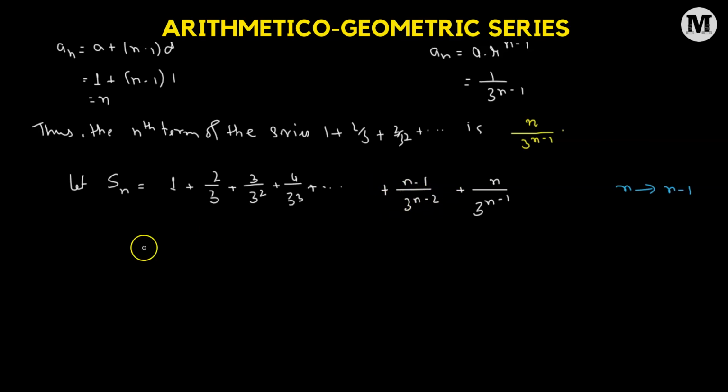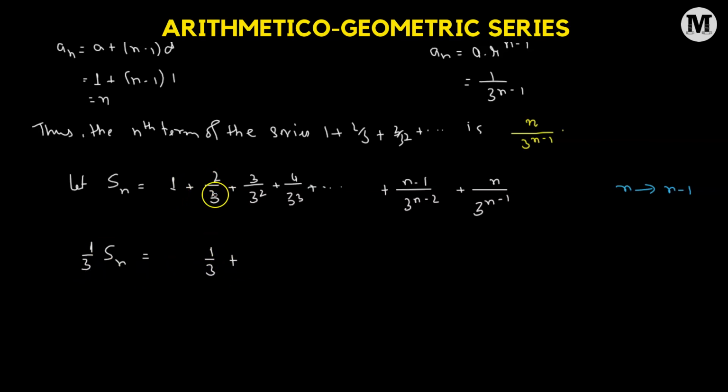Next, we are going to multiply each term of Sn by the common ratio. We obtained the common ratio as 1 over 3 for the geometric progression. So we multiply each of the terms of Sn by 1 over 3. So 1 multiplied by 1/3 is going to give us 1 over 3.